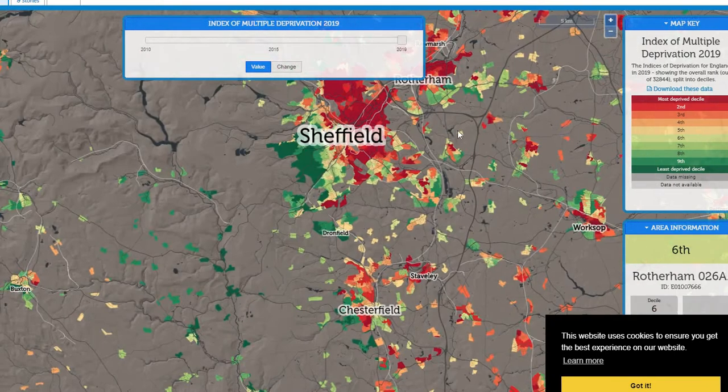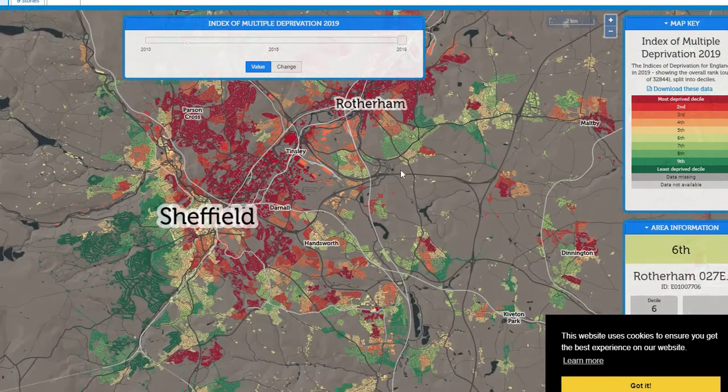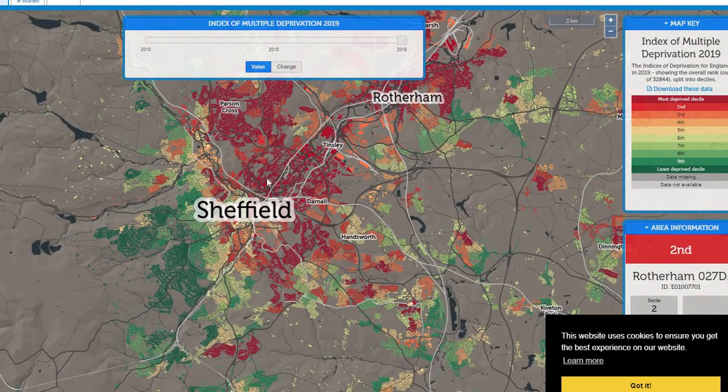As we get closer and closer in, we can really see that Sheffield is a city very much of two halves. We have this southwestern area, which generally speaking has far lower levels of deprivation, and then this central and eastern area with far higher levels of deprivation. We can explain this in geography because this here is the Peak District.